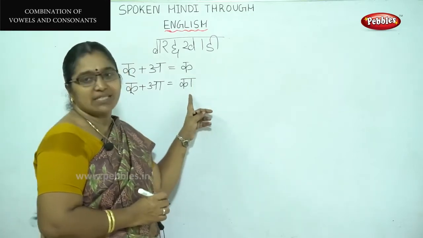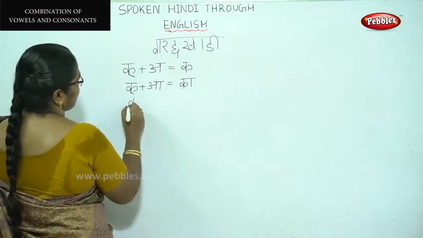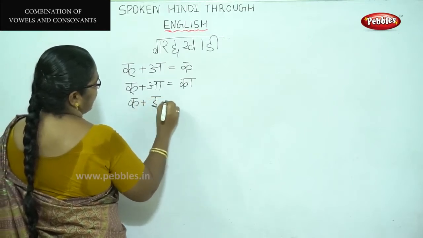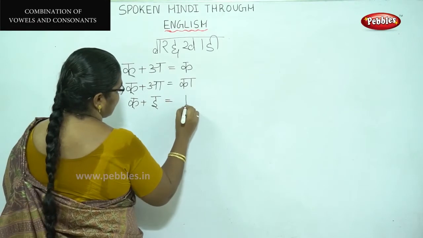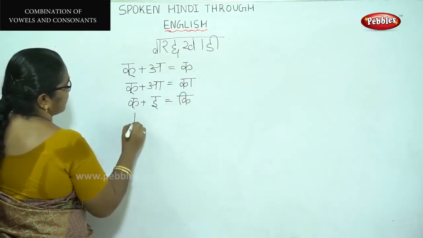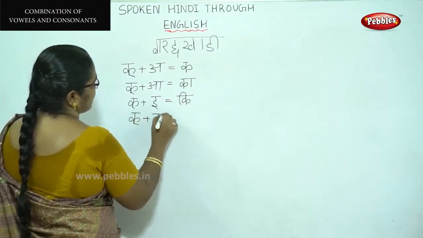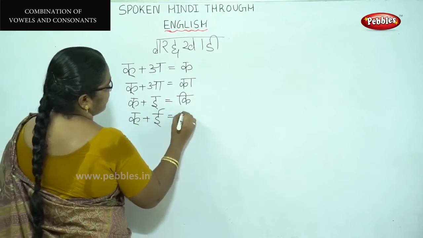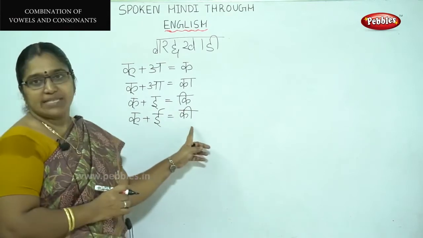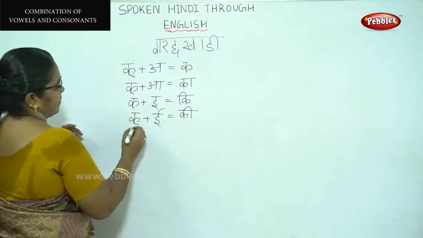The next one is ik plus e, this is ki. Ik plus e equals ki.